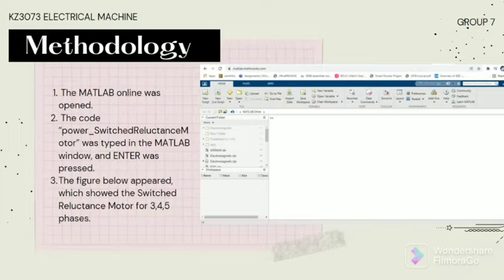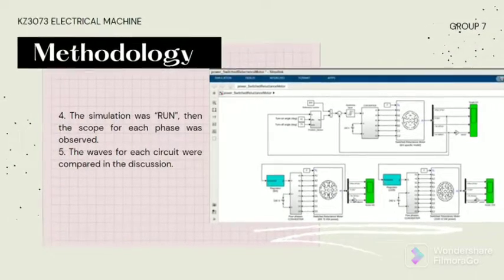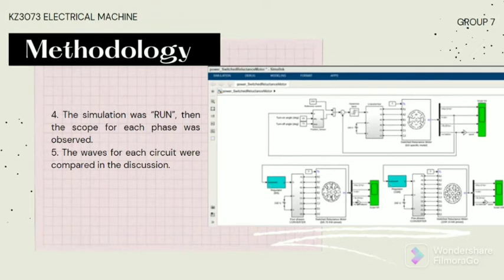Third, the figure below appeared, which showed the switch reluctance motor for 3, 4, and 5 phases. Fourth, the simulation was run. Then, the scope for each phase was observed. Fifth, the waves for each circuit were compared in the discussion.